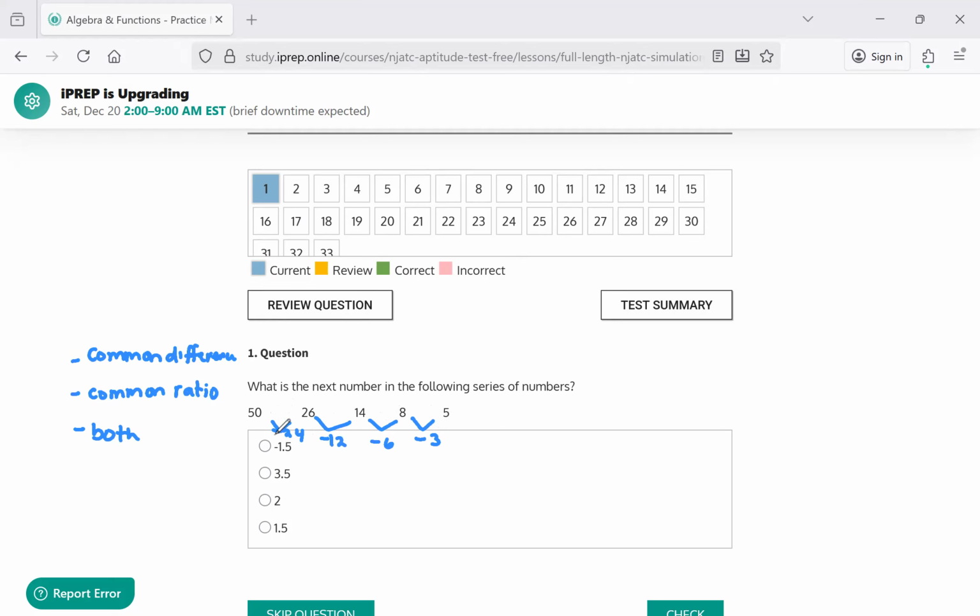What are you doing with the difference? It went from -24, -12, -6, and -3. What do you think is happening? Yes, you're taking half of the difference. For -24 to -12, you divide by 2.